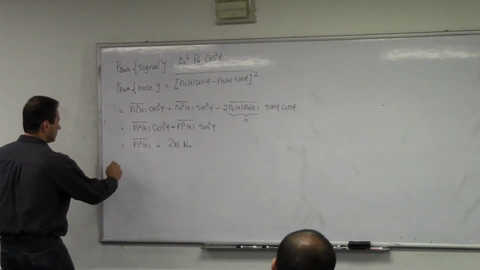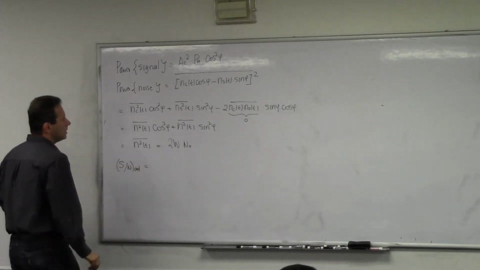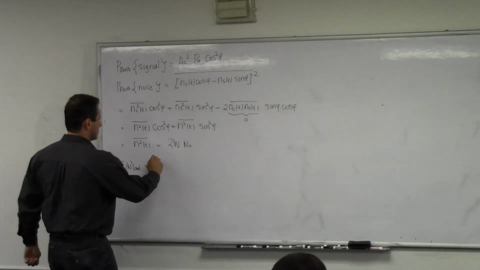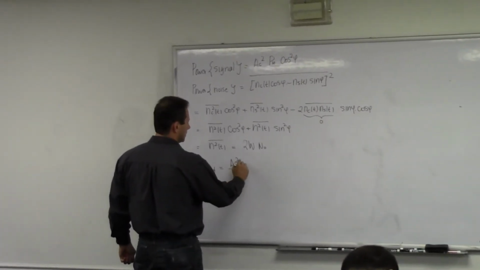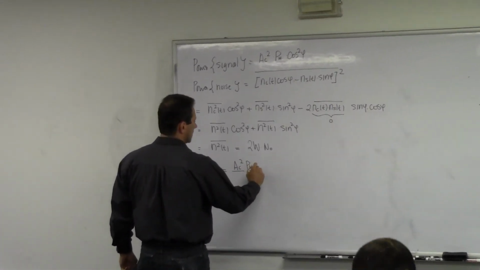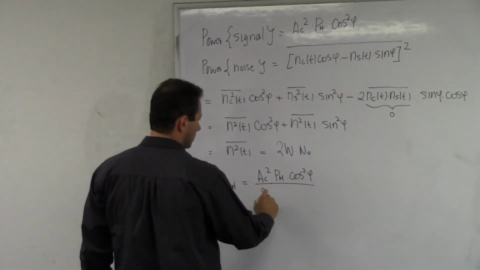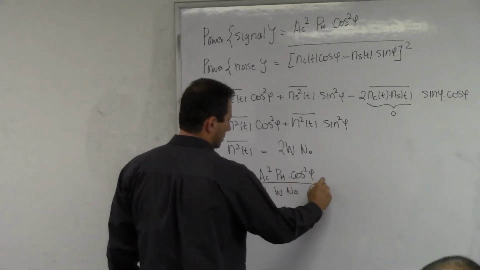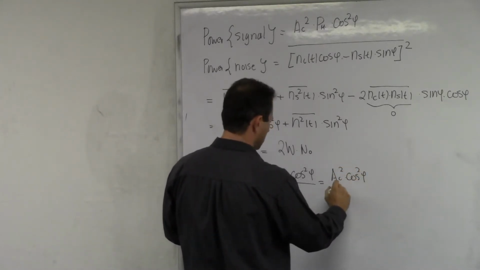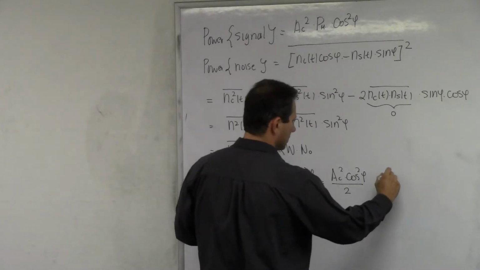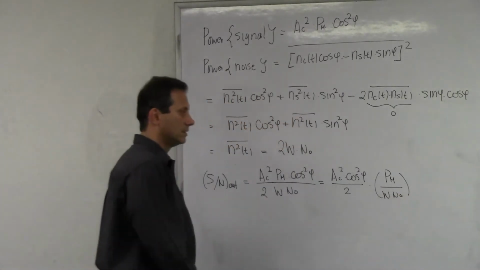So now if I look at the signal to noise ratio in the output, it becomes the power of the signal, which is Ac squared times the power of the message times cosine squared phi, divided by 2W N0. So I can write this as Ac squared times cosine squared phi divided by 2, times Pm over N0 W. Right? That's the result.